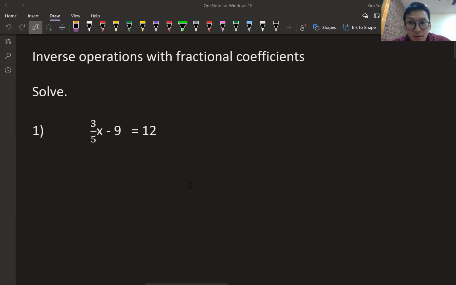Okay, so this video, I didn't really think it through too well, but what it's mainly going to be about is solving an equation, solving for a variable with fractional coefficients.